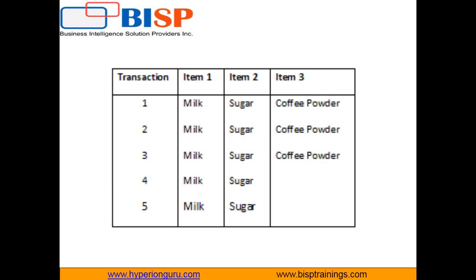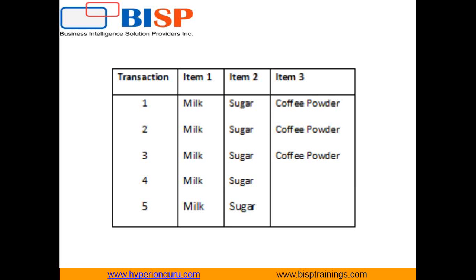Maybe he can put some offer on a combination of milk, sugar and coffee powder, like if you purchase coffee powder, we'll give you an additional 5% discount. Or a marketer might bundle all these products and give them at a discounted price. And a retail shop manager can stock the same amount of sugar and coffee powder in his shop.